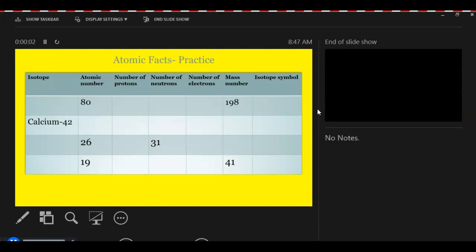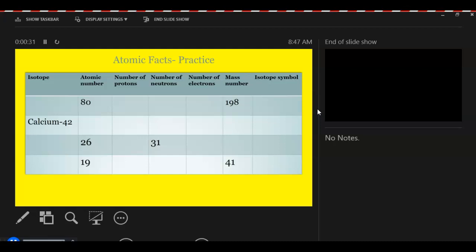Let me turn it away. So first of all, anytime I give you a worksheet that's similar to this, your mass number will either be given to you or you're going to have to calculate the mass number. You're not going to actually take it off the periodic table. So let's start the first one together.